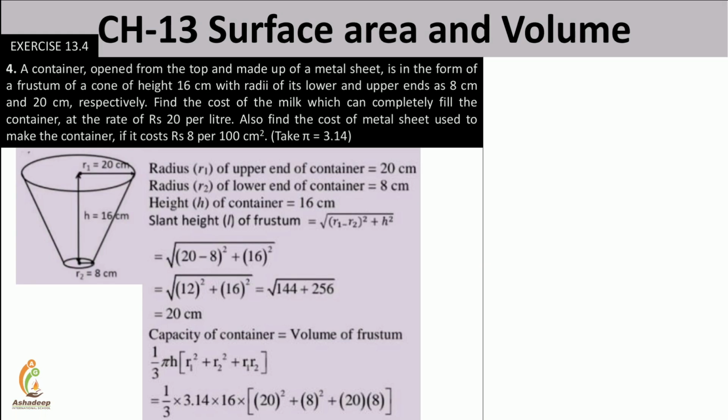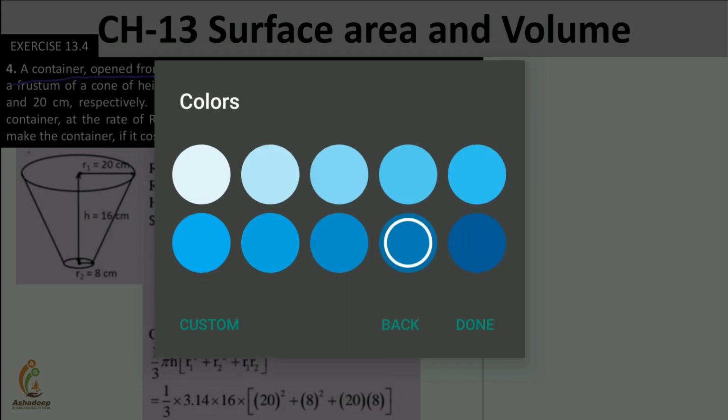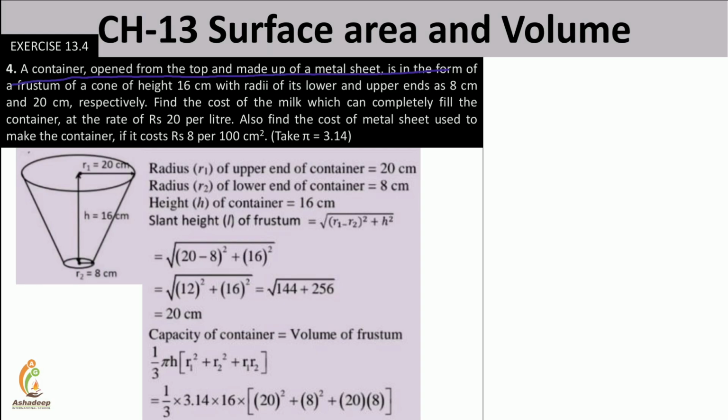Now let's start question number 4. A container open from the top and made up of steel is in the form of a frustum of a cone. The height is given, h is 16 centimeter.